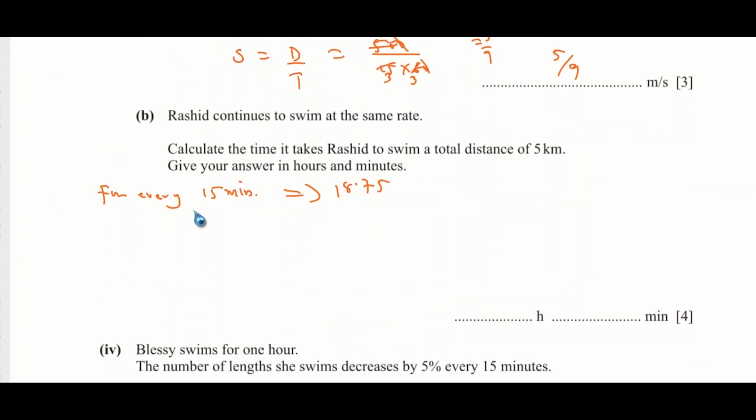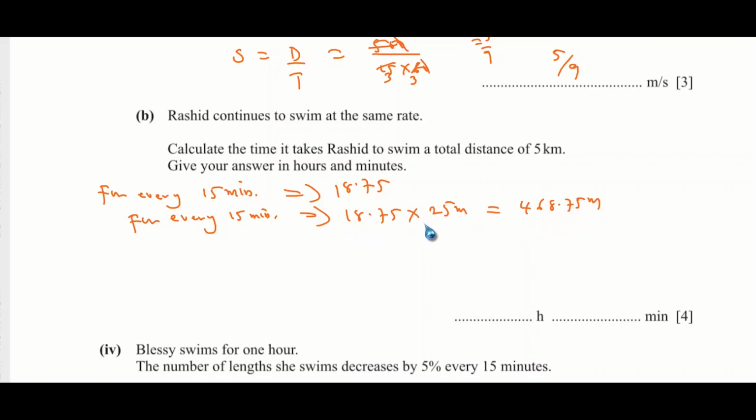So for every 15 minutes, he covers 18.75 times 25 meters. Take your calculator and do this, you should get 468.75 meters. So for every 15 minutes he covers 468.75 meters.